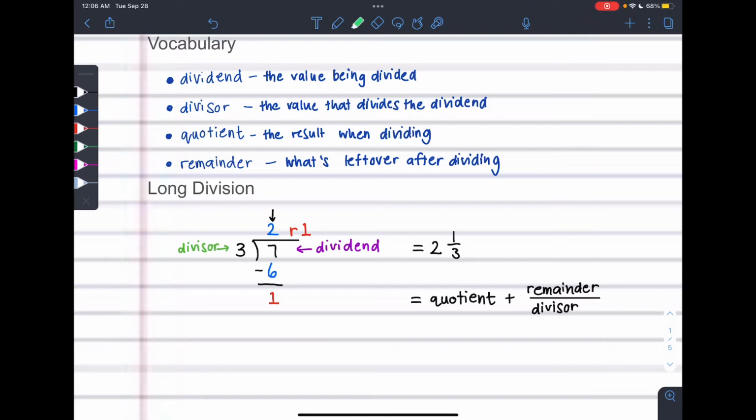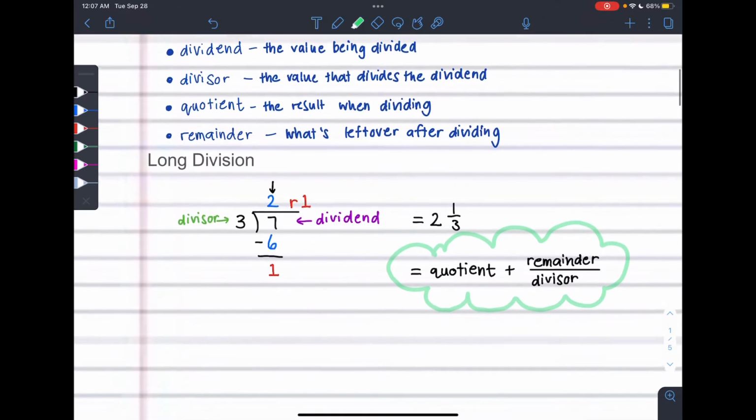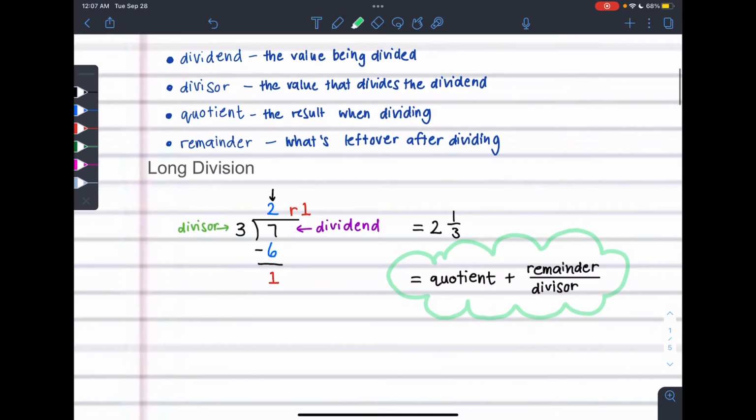Okay. We want to be mindful of this as we solve and divide using polynomials. Okay, our answer will look exactly the same. All right. So let's take a look at a few examples here.